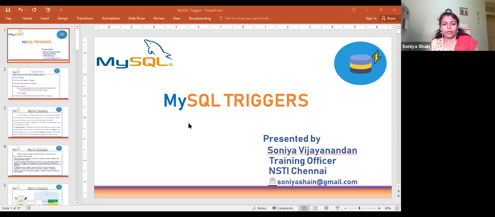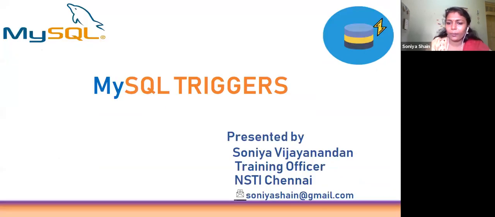These all we will discuss in today's section. So let me share the PowerPoint presentation to you, then you can understand it easily. Okay, so our topic is MySQL triggers.